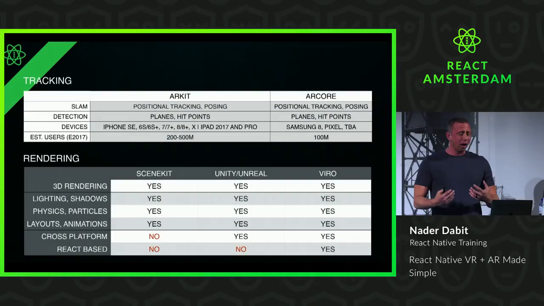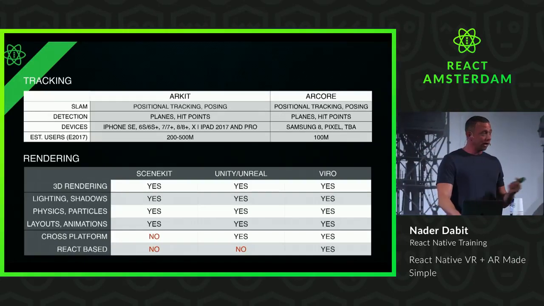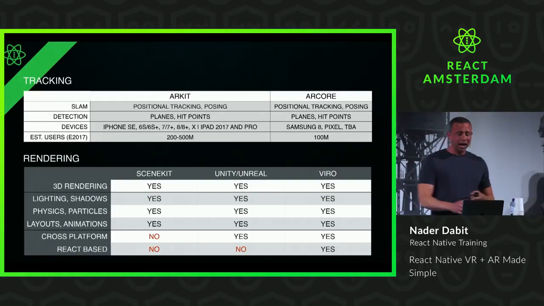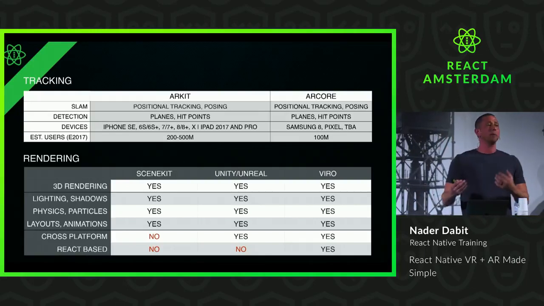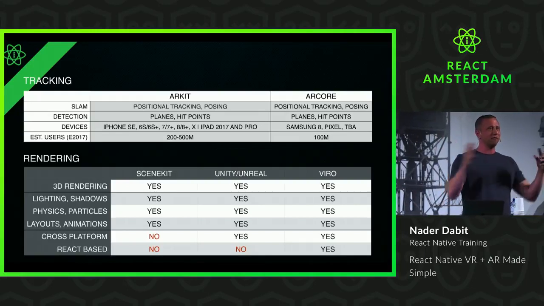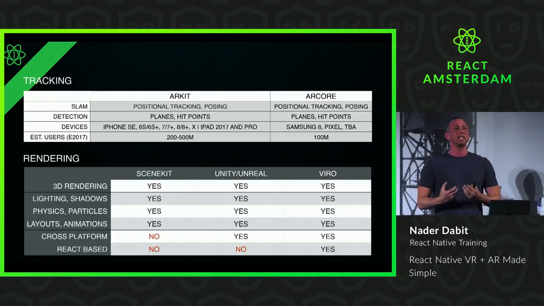So when you're building AR in general, there's two main components. You need a tracking engine, and you need a rendering engine. The tracking engine is something that can basically understand the world around you and understand where you currently are in relation to the environment. So not only do you have to see what's going on around you, but it needs to understand where you currently are compared to everything else.